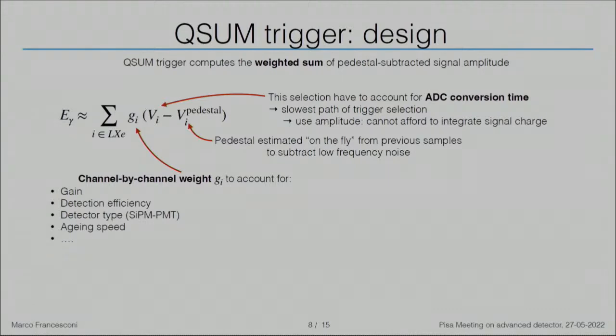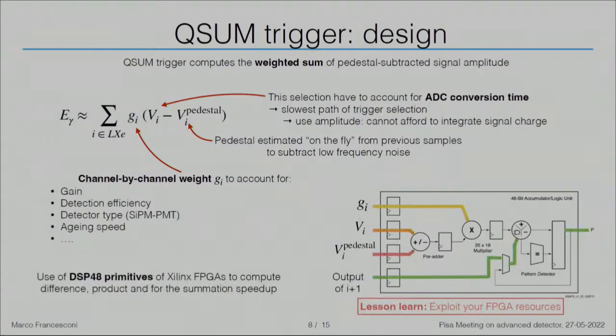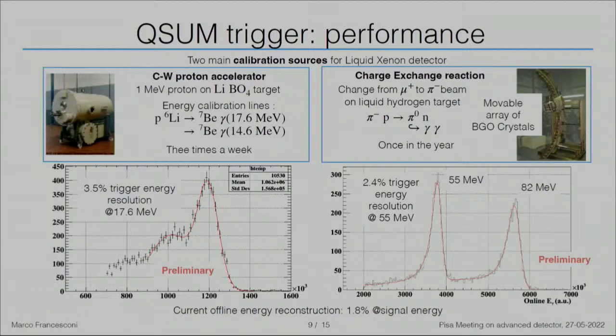Putting this together and using what's available in modern Xilinx FPGAs, especially the DSP48, which allows all of this to be packed in a single slice of silicon in the FPGA, we can indeed compute this sum in the available latency. And this is what we got.